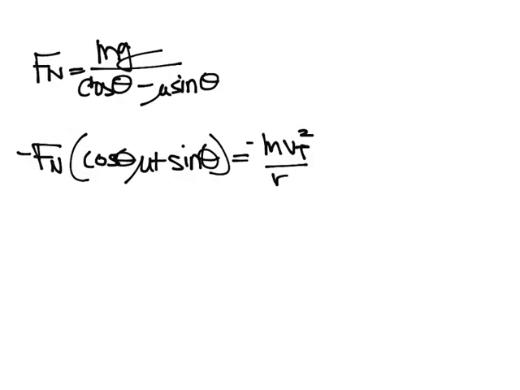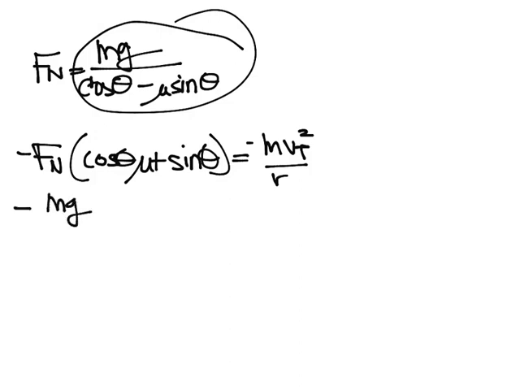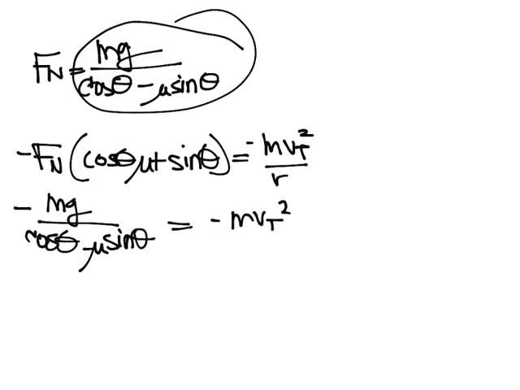Alright, so I have these two equations. I'm going to take this and put it in for Fn. So I have minus mg divided by cosine theta minus mu sine theta equals minus m vt squared divided by r. Just like before, my masses actually cancel out. Oh, I forgot to multiply by this, so by cosine theta mu plus sine theta.